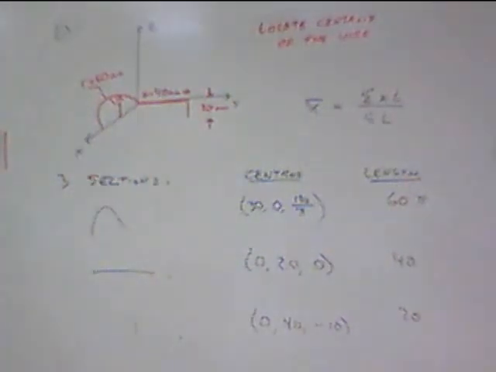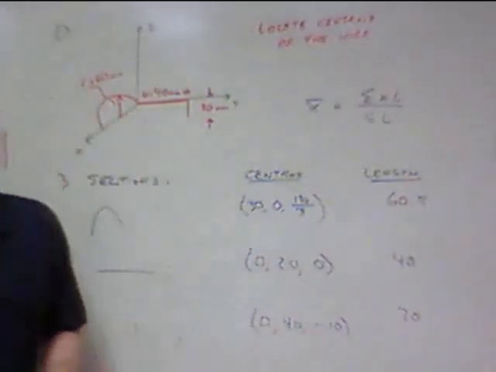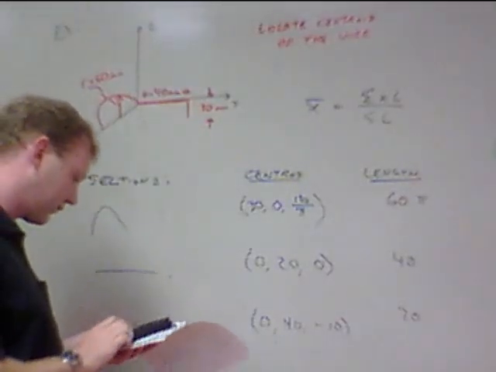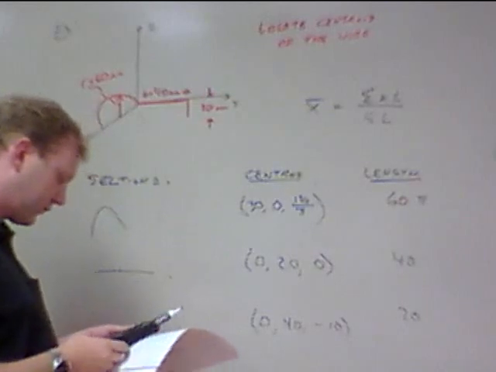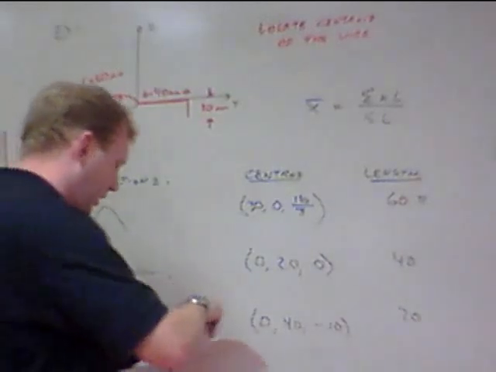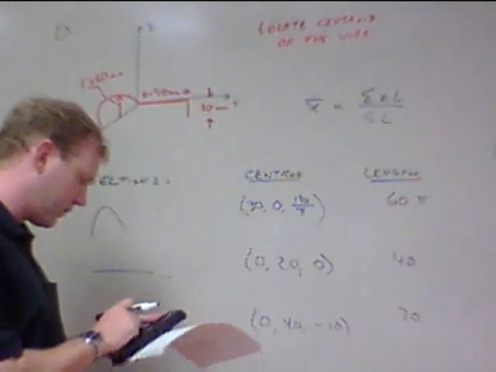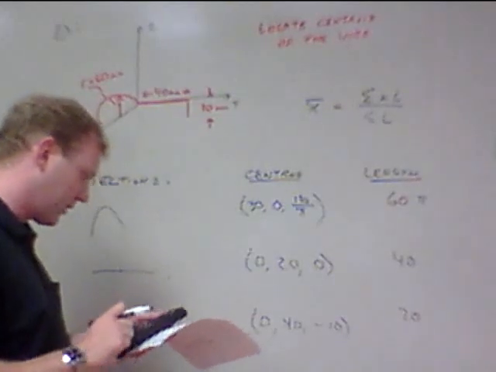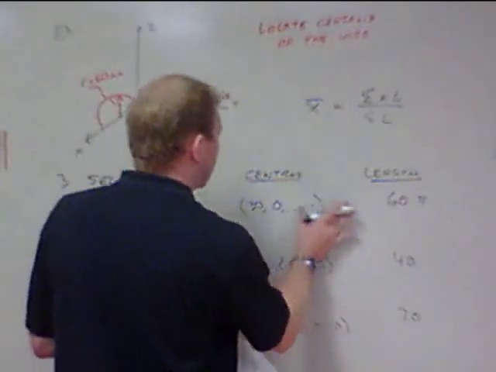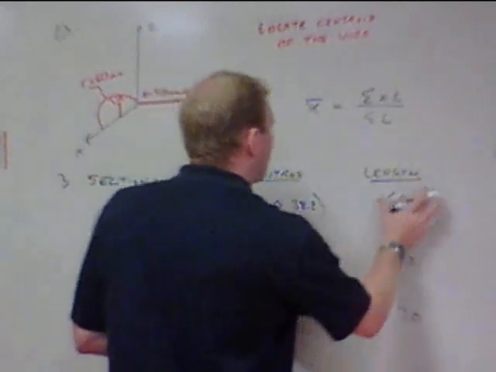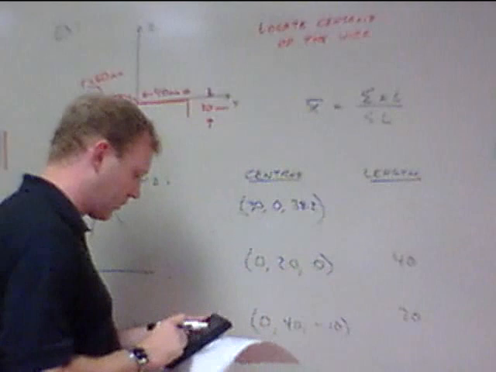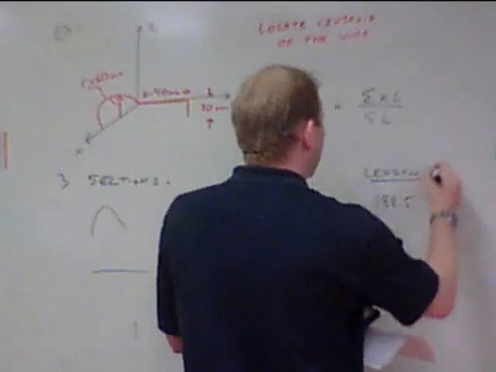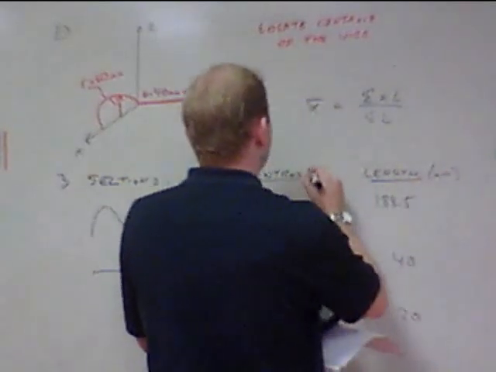So what we do from here, first of all, I'm going to turn these into decimals. 120 divided by pi is 38.2. 60 pi is 188.5. This is in millimeters. These are also in millimeters.